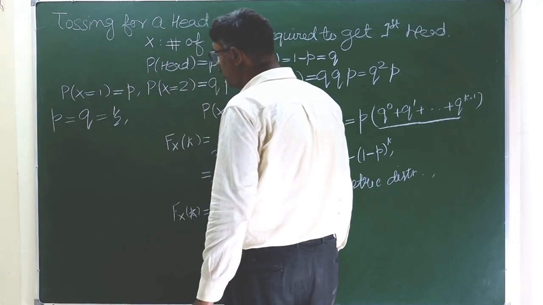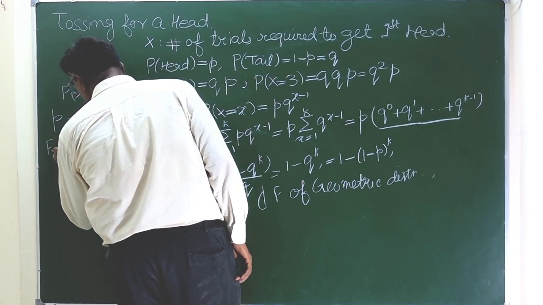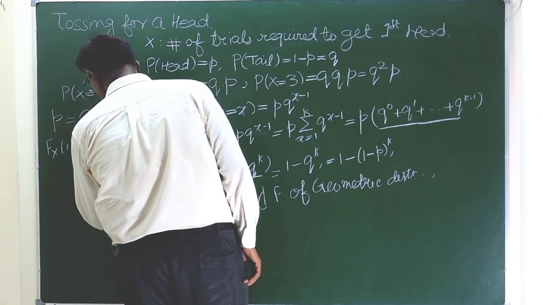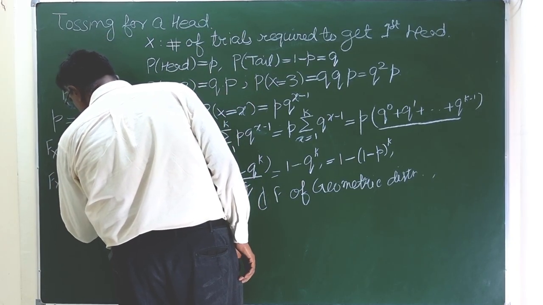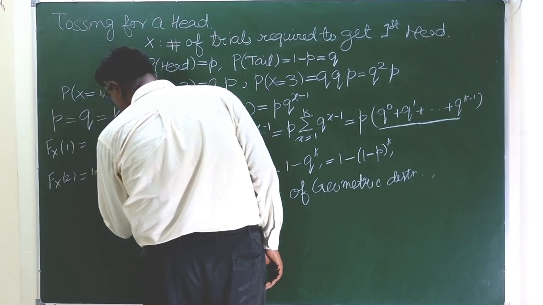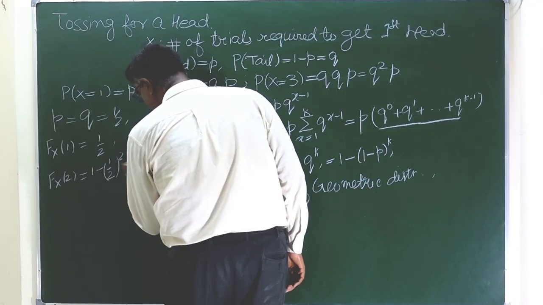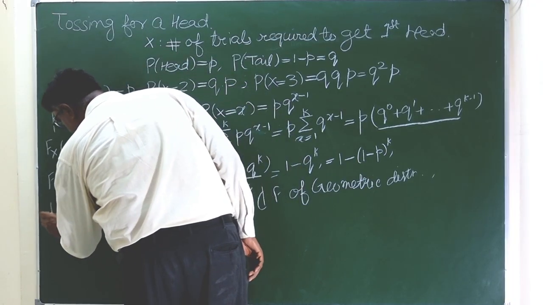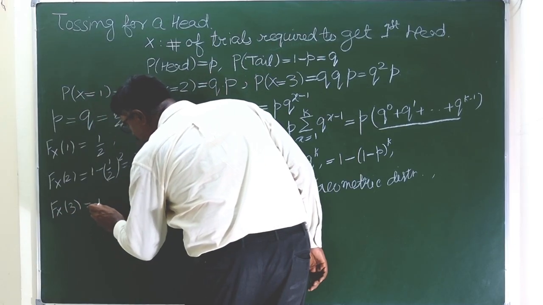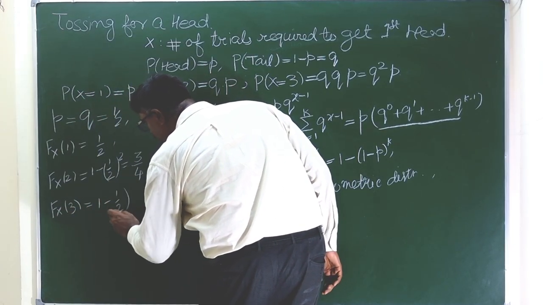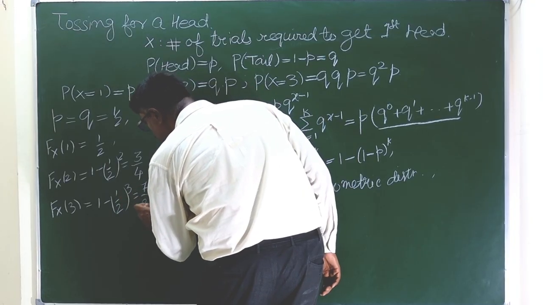So in that scenario, what will be the effects? F of x at 1 will be 1 by 2. F of x at 2 will be 1 minus 1 upon 2 to the power 2, which is nothing but 3 by 4. And F of x at 3 will be 1 minus 1 upon 2 to the power 3, which will be 7 upon 8.